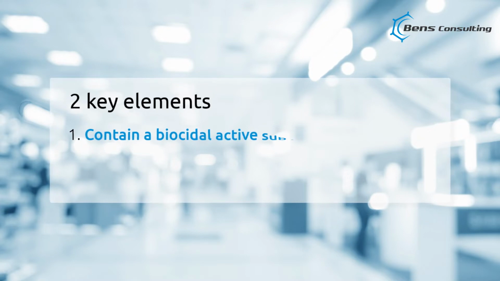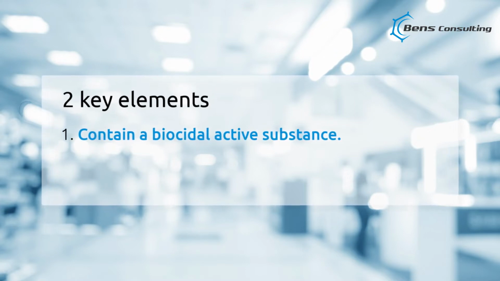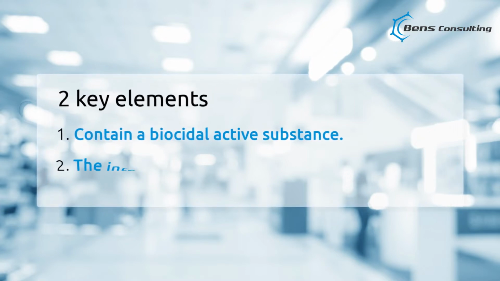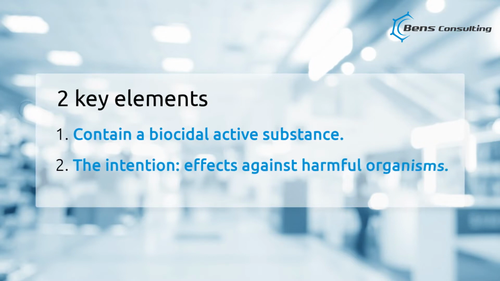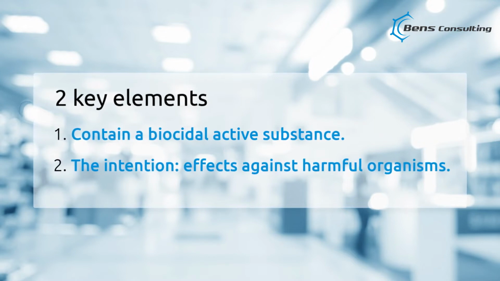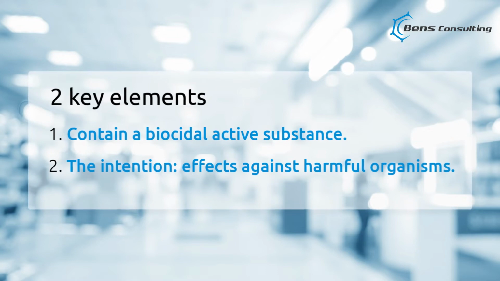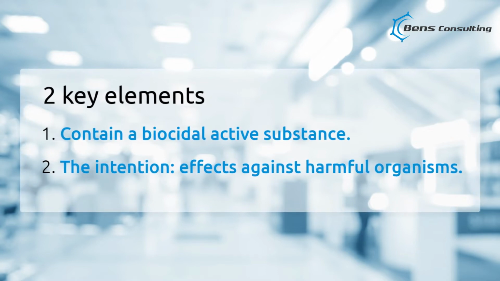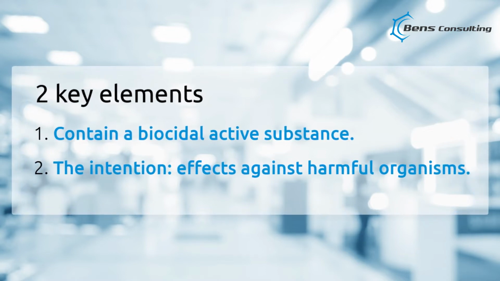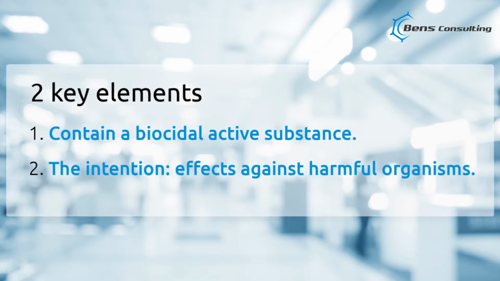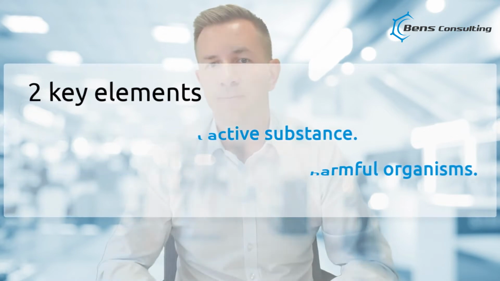So, there are two key elements of biocidal products. First, the product must contain an active substance, and second, the intention of the product must be to destroy, render harmless, or in any other way control harmful organisms. You can recognize the intention from the biocidal claims on the label.